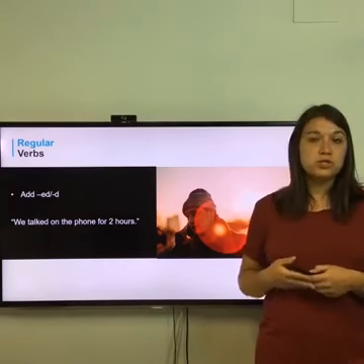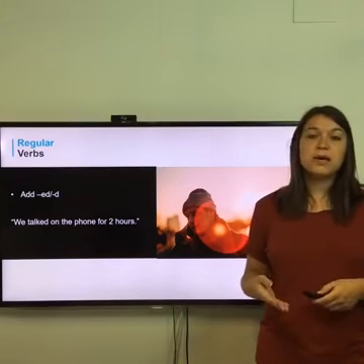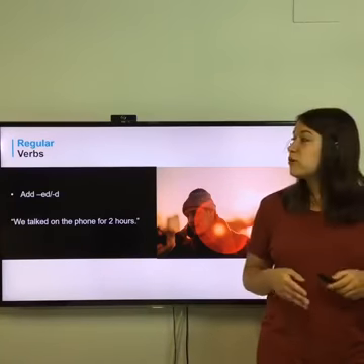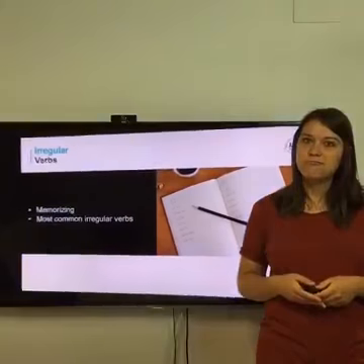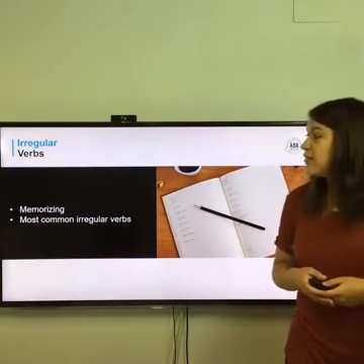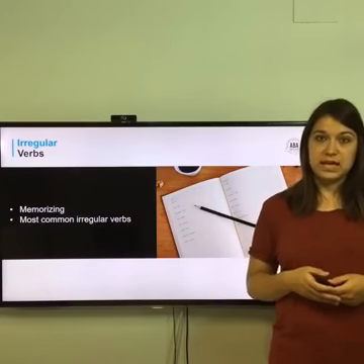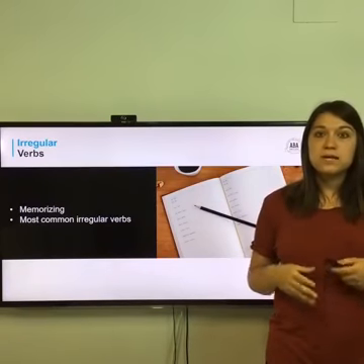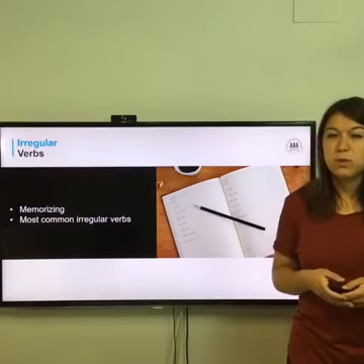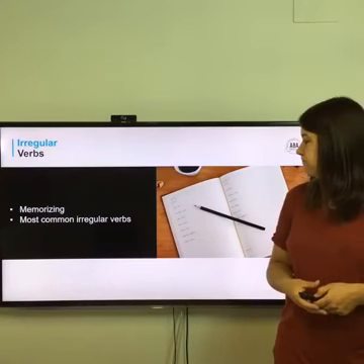So the verb to talk is regular, so we add the ending ed, talked. So if the verb is irregular, how do we know? Well, you have to memorize irregular verbs. There are lots of irregular verbs in the English language, so I recommend memorizing a few at a time. Today we're going to look at some of the most common ones.